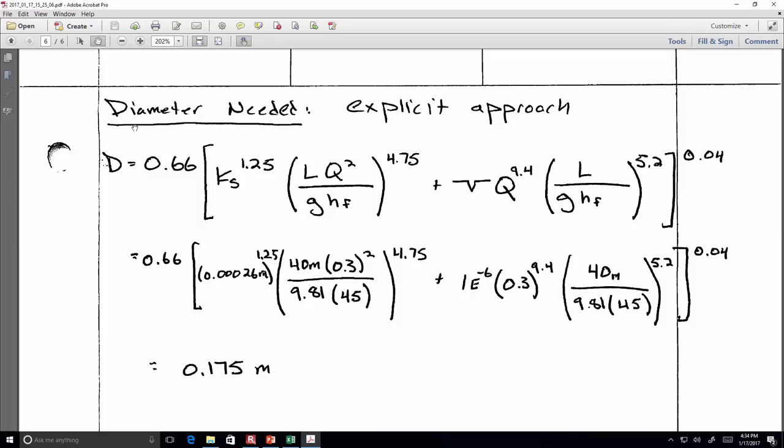Okay, so in this case, it turns out to be fairly good. When we did the iterative approach, it was telling us we needed a pipe diameter of about 0.1707. And here it's saying 0.175. So whether it's easier, I suppose we don't have to iterate, but that's an awfully complicated equation to key into the calculator.